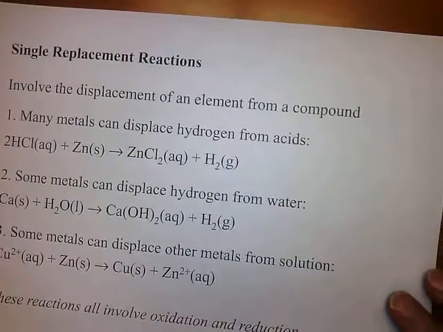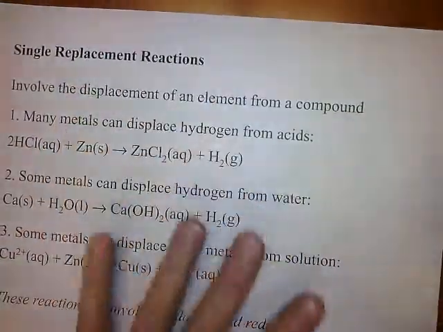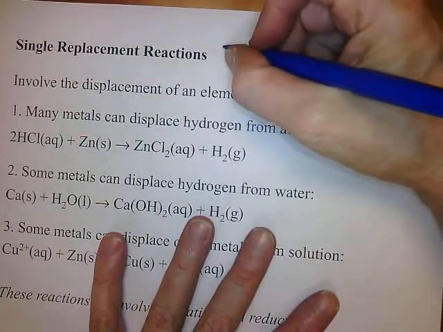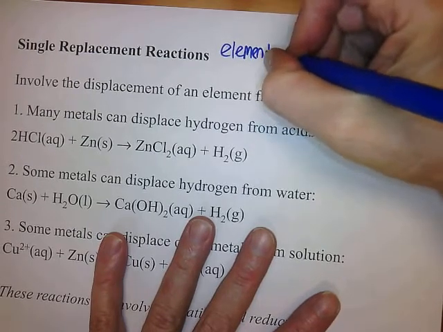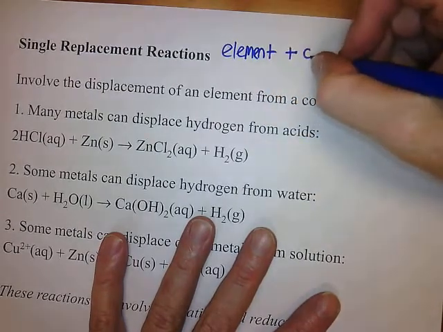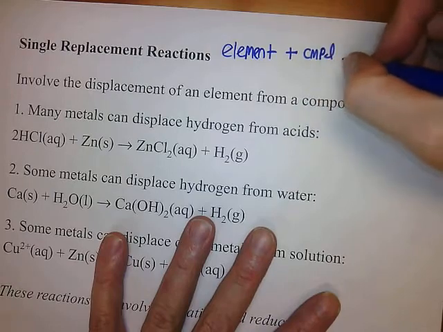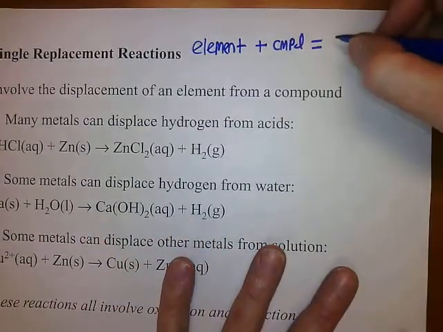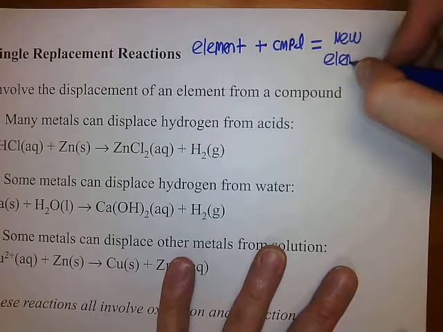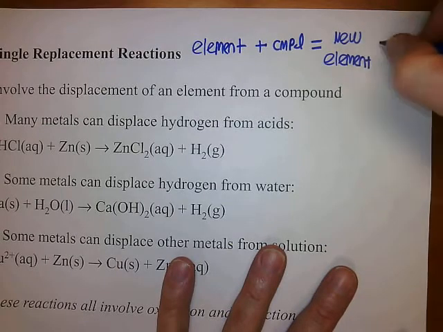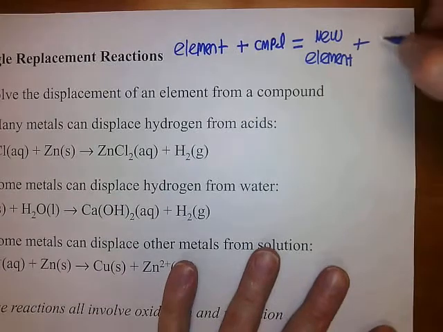Before you go any further, I'm going to write this. Your general formula for a single displacement is an element plus a compound equals a new element plus a new compound.